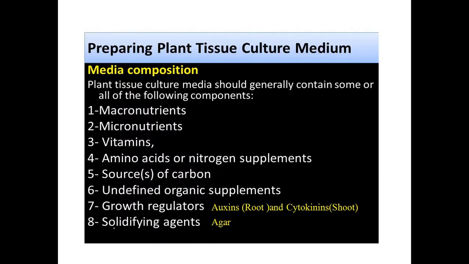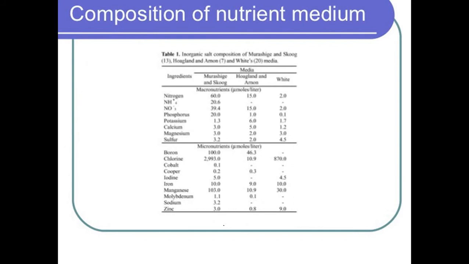For a successful tissue culture outcome, there is a need to prepare the specific artificial nutrient medium, also known as the plant tissue culture medium. It is composed of macronutrients, micronutrients, vitamins, amino acids, a source of carbon in the form of sugar, undefined organic supplements, and the growth regulators like auxins and cytokinins, and lastly a solidifying agent such as agar, which is obtained from the gracilaria algae.